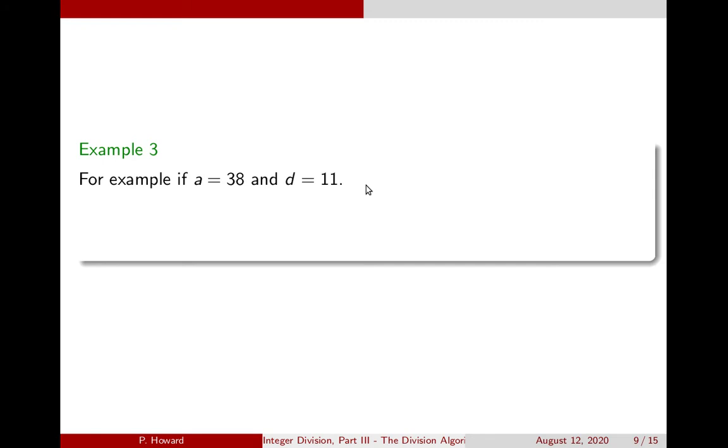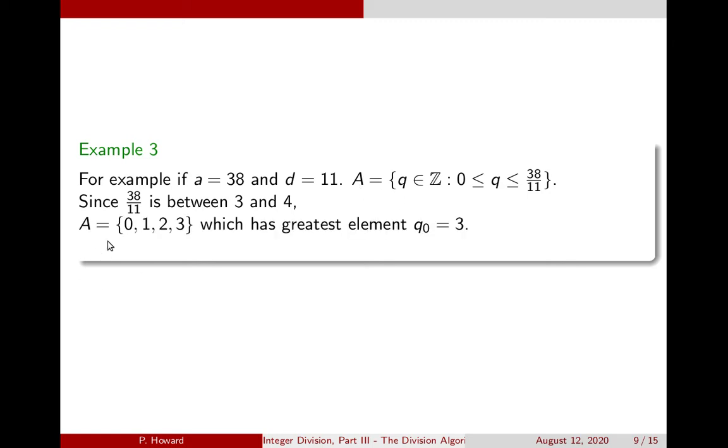So with this choice of a and d, the set capital A would be the set of integers which are greater than or equal to 0 and less than or equal to 38/11. So 38/11 is between 3 and 4. That means that the set capital A consists of the integers 0, 1, 2, and 3. Right? 4 is not in capital A because 4 is not less than or equal to 38/11.